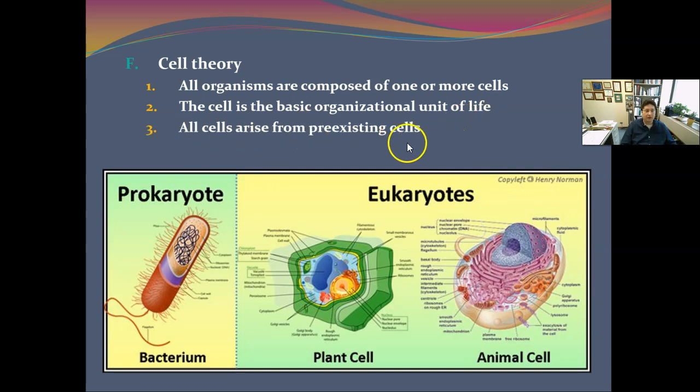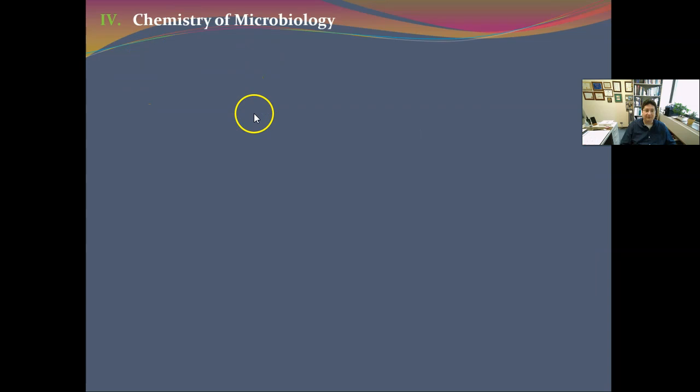And all cells arise from pre-existing cells. Okay? So we've advanced quite a ways here and now have the idea of cells as a foundational concept in biology. All right, now next I want to talk a little bit about the chemistry of microbiology.